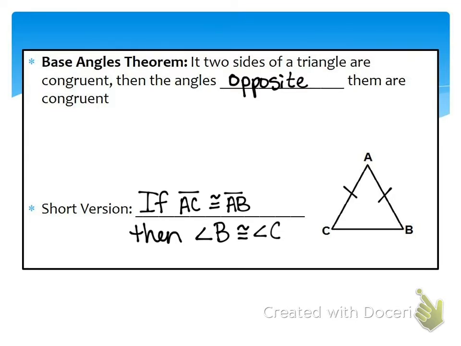That would be angle C. So if we know those 2 sides are congruent, then we know the angles opposite them are congruent. Questions about the base angles theorem? Need more time on this slide? Okay.